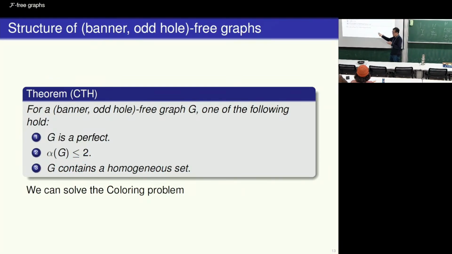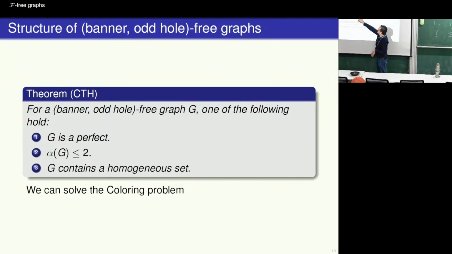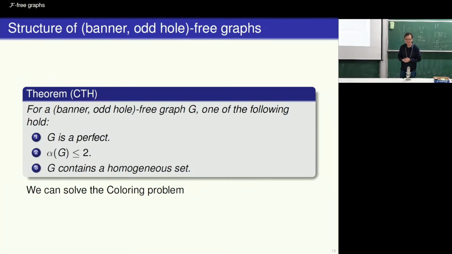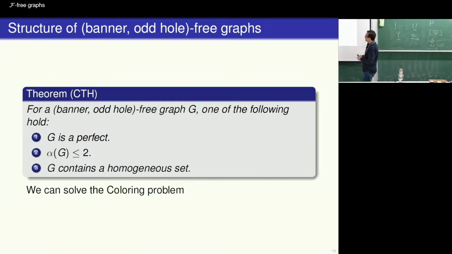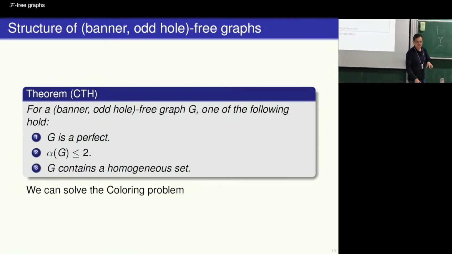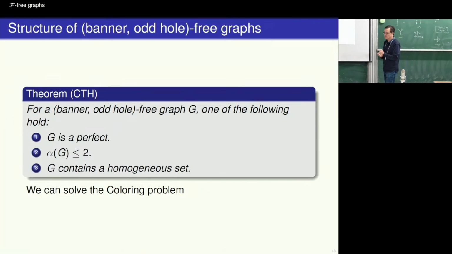As I mentioned before, if you have a homogeneous set, you're done because you do it by recursion, right? If you are perfect, you are done because by the strong perfect graph theorem, the thing is 2-divisible. What if the stability number is 2? The largest stable set has only 2 vertices. How can you solve the coloring problem or whatever problem?